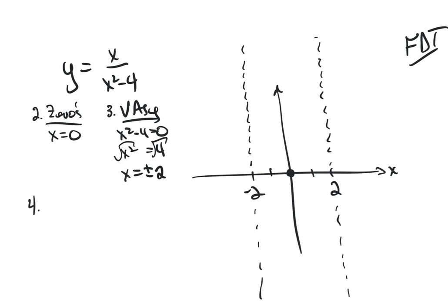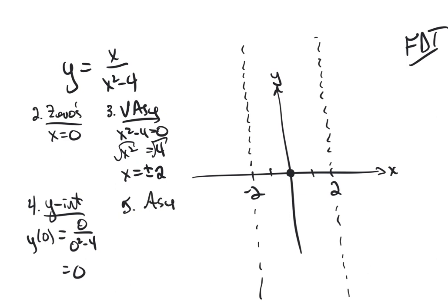Number 4, the y-intercept is already taken care of because we already know it also crosses the y-axis at 0. But if you didn't catch that, it's no big deal. When you replace x with 0 everywhere, you'd have 0 over 0 squared minus 4, which gets you to 0. Okay, and number 5, our other asymptote, we have to check the degrees.